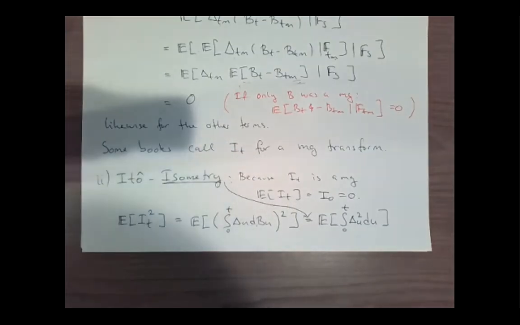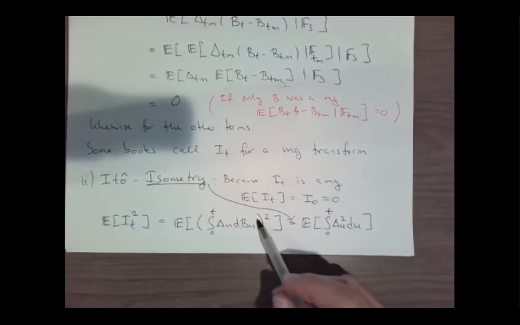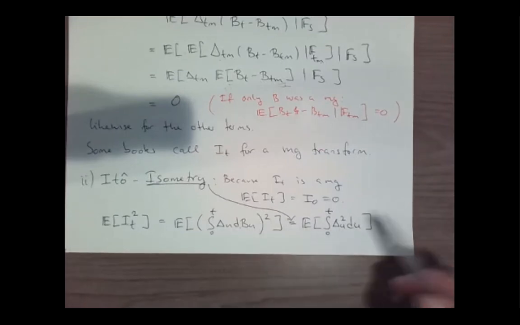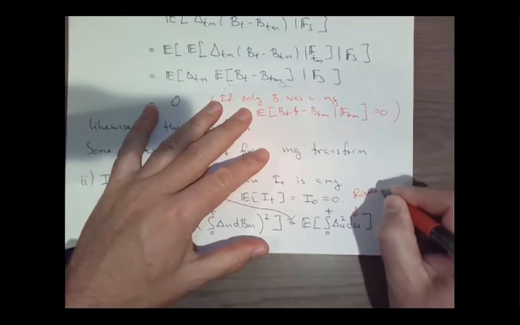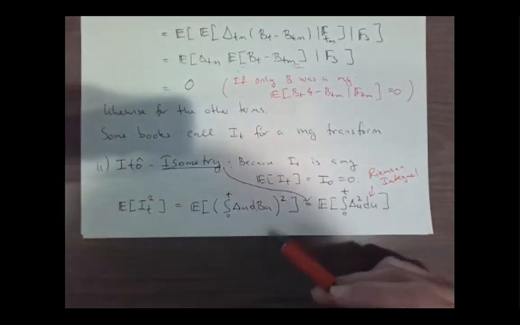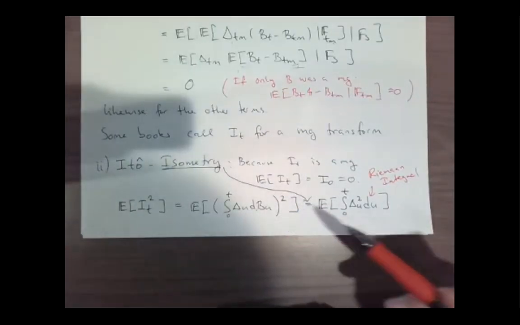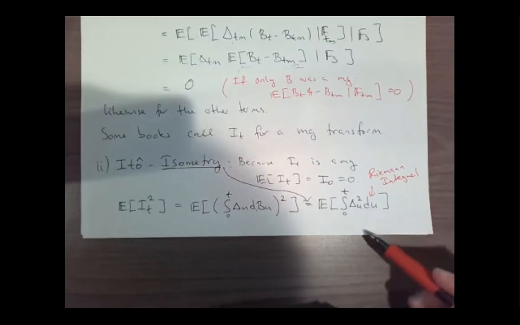And this is the first time we're seeing a connection between the stochastic integral and the standard Riemann integral. This one here is the Riemann integral. It says that if you want to compute the second moment of the Ito integral, you can do that by computing an expectation of an integral with respect to the Lebesgue measure.